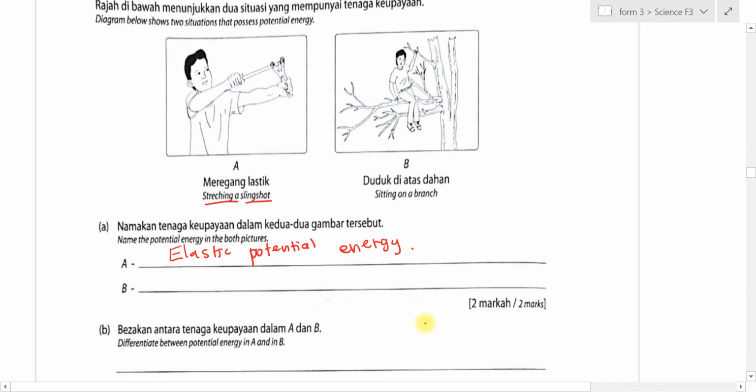I'm not encouraging you to write half of the answer. Write elastic potential energy. It will be a good choice. And if you are sitting on a branch, on a high position, that means you automatically have gravitational potential energy. Gravitational potential energy.